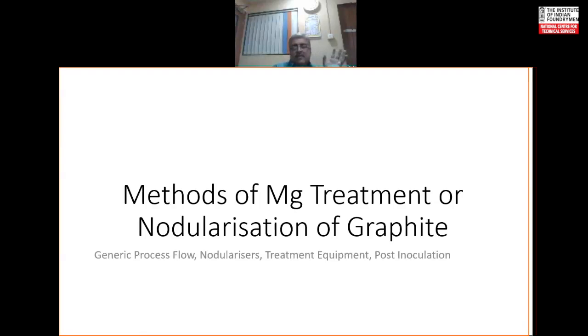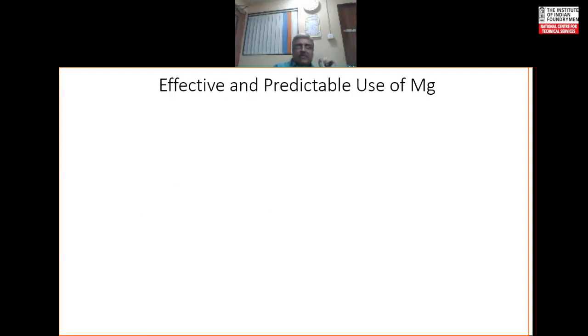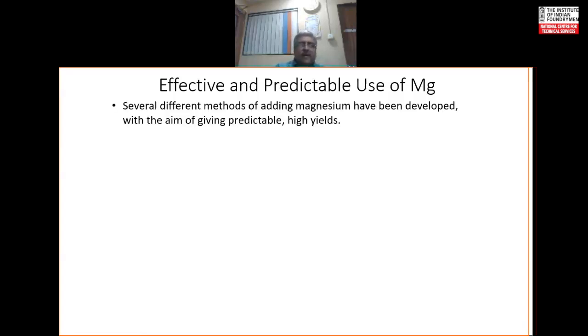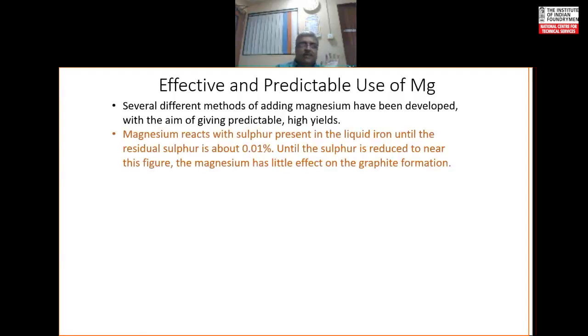Now, what are the methods for adding magnesium, or doing magnesium treatment, or nodularization of the graphite? What is key is that we should have an effective and predictable use of magnesium. A variety of methods are available, all of them aiming at predictable results and high yields for magnesium.